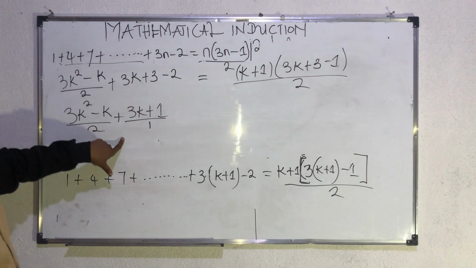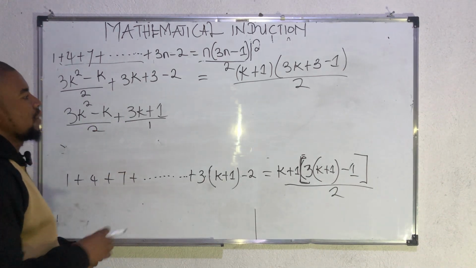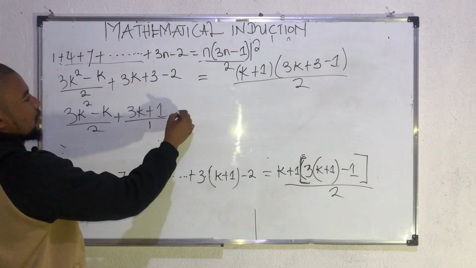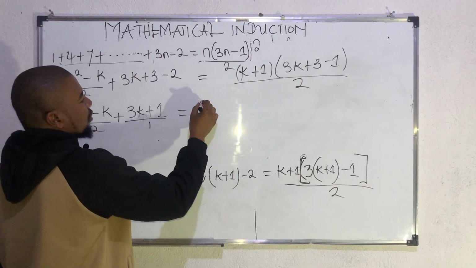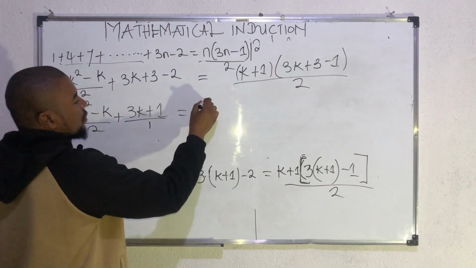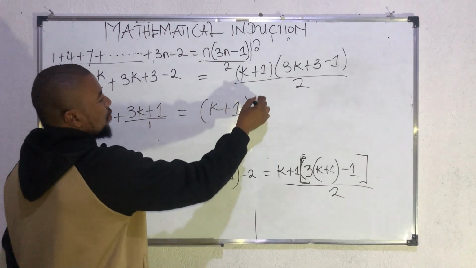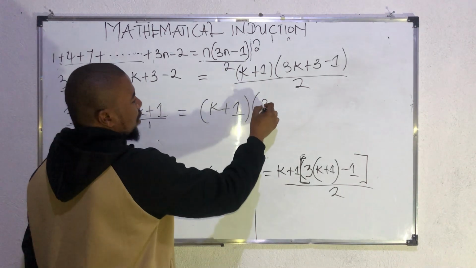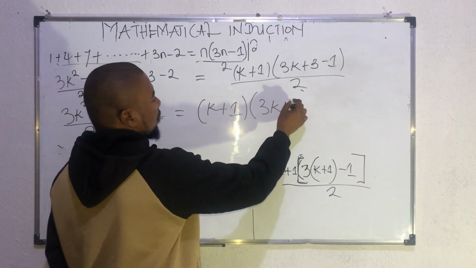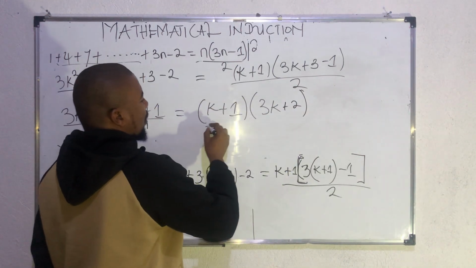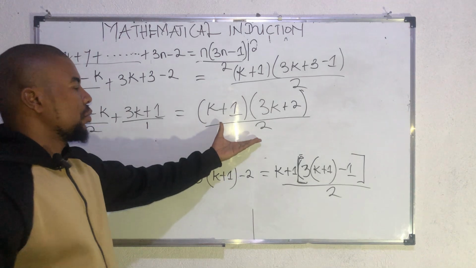So it's now a fraction which we have to combine into a single fraction. So let's work on this part. For this part, we have k plus 1 multiplying 3k. 3 minus 1 gives us a 2. And all this divided by 2.